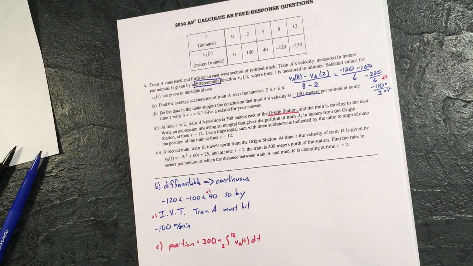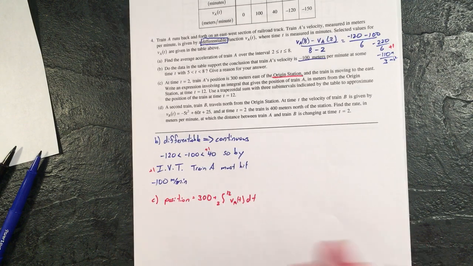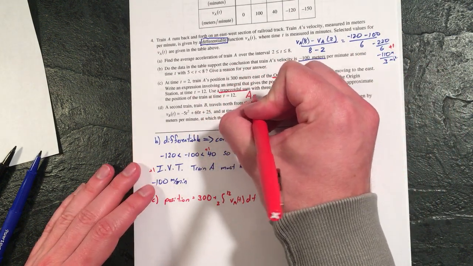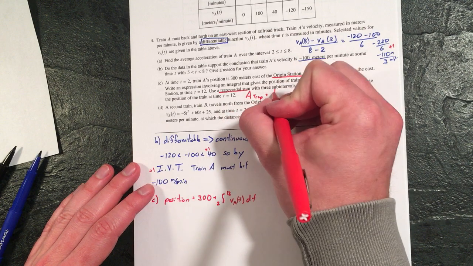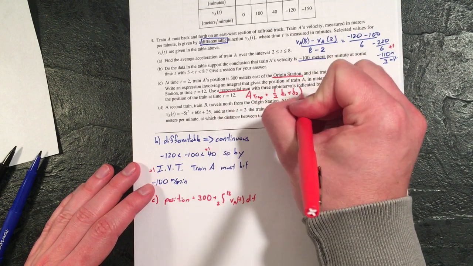So we start at 300, so that 300 is just there, and then the integral is going to get us to where we're actually at in position over that time. Now they want a trapezoidal sum with 3 subintervals. If you remember, the area of a trapezoid is 1/2 base 1 plus base 2 times height.